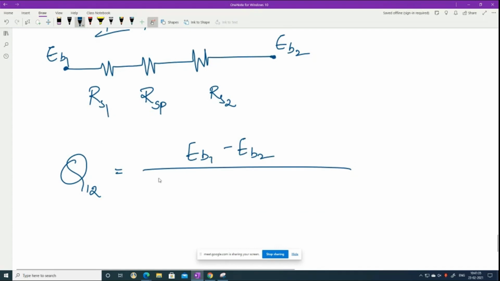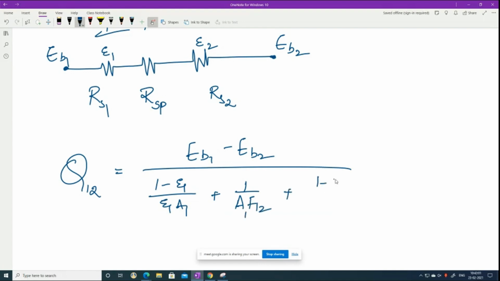This surface has epsilon 1, and this is epsilon 2. These are the emissivities of the bodies. So here you will have the surface resistance formula, 1 minus epsilon 1 by epsilon 1 into A1, plus 1 by A1 into F12, plus 1 minus epsilon 2 by epsilon 2 into A2. I hope this is clear to you.